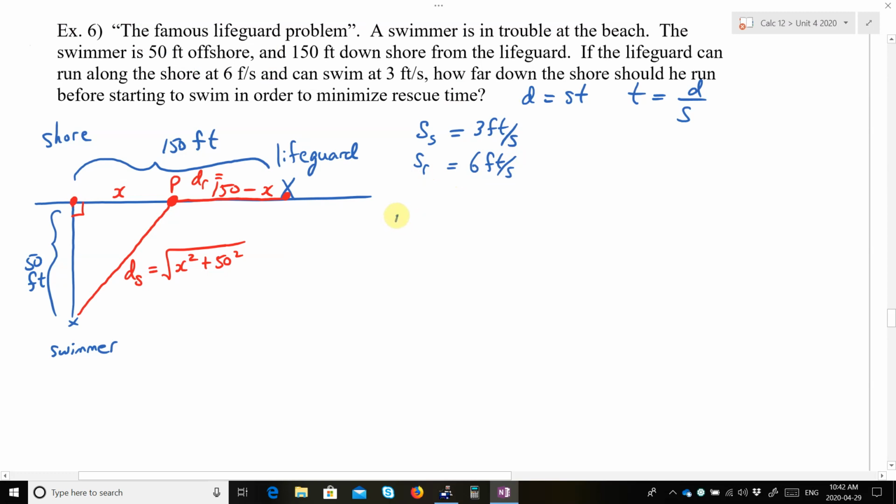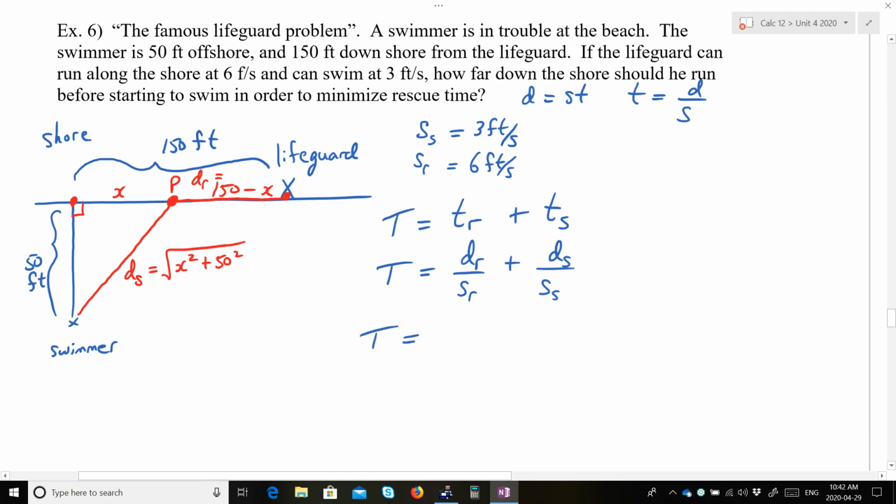Okay, so total time is equal to time to run plus time to swim. Time to run is going to be distance to run divided by speed of running plus distance to swim divided by speed of swimming.